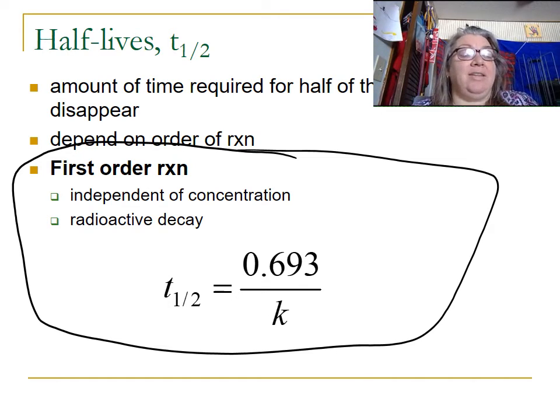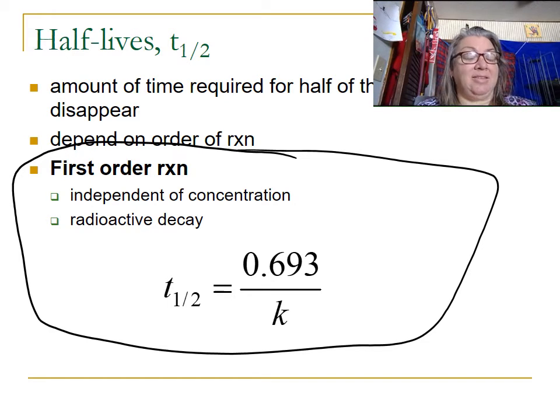This one, it turns out, is independent of concentration. So it doesn't matter if you have a big sample or a little sample, this is always going to stay the same. And it's only dependent on your K. So you have 0.693 divided by K, whatever the K is. And remember, that changes for the reaction that you're looking at, and it can also change for the temperature that you're looking at.